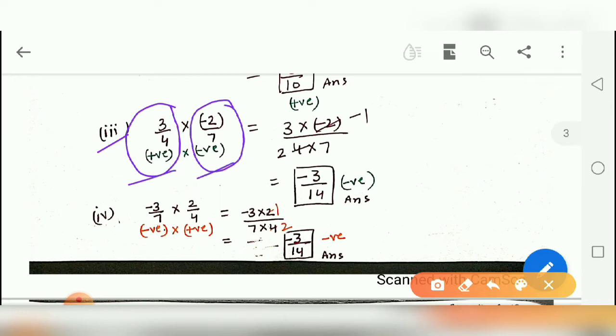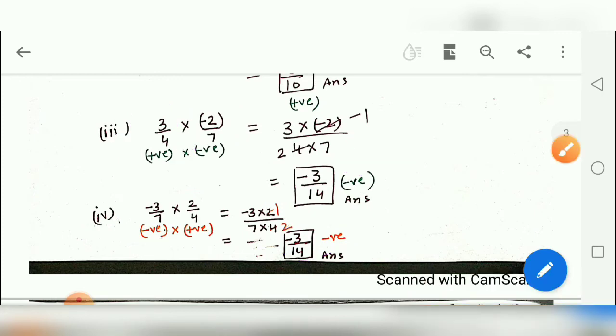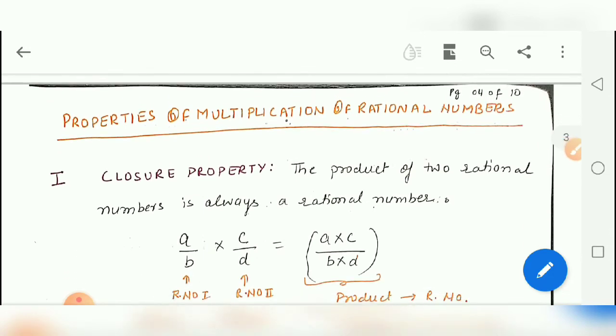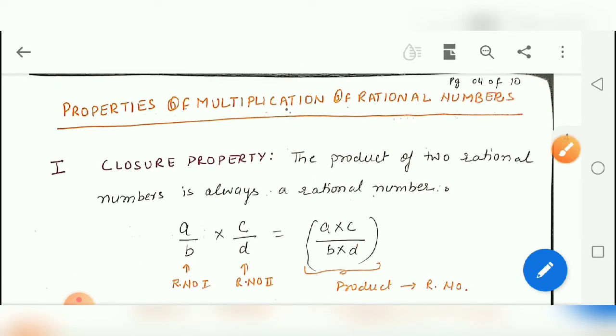The positive is multiplied with the negative number, so the answer is negative. In the fourth part, the first number is negative and the second number is positive. If we multiply again, the answer is negative. So we have to remember this SPAWN rule while multiplying rational numbers.